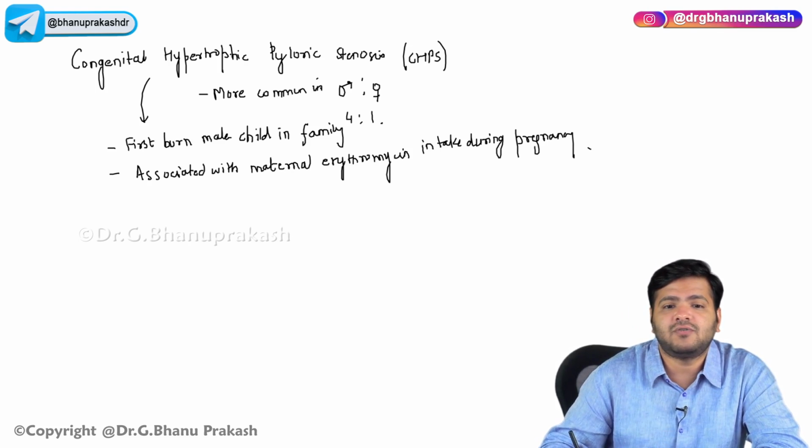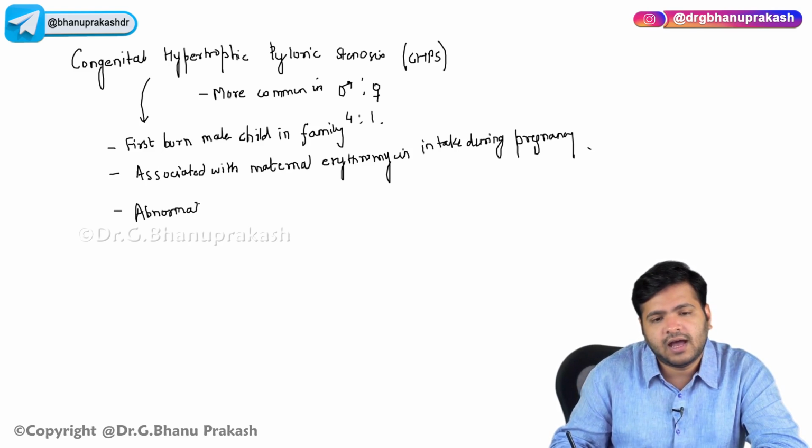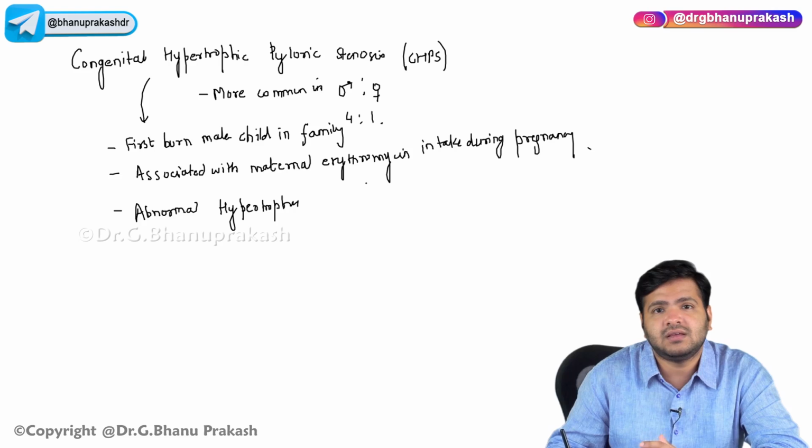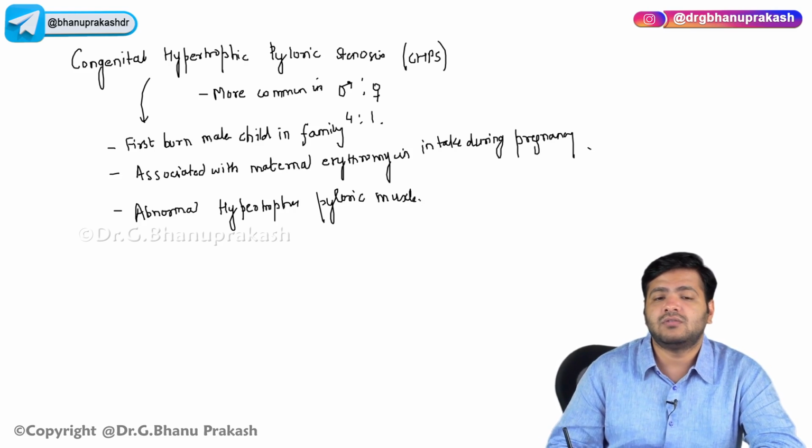Now, if there is hypertrophy in the pyloric muscle, so there is abnormal hypertrophic pylorus musculature, right, hypertrophic pyloric muscle. Pyloric muscle में hypertrophy हो गई है, okay, so what will happen?